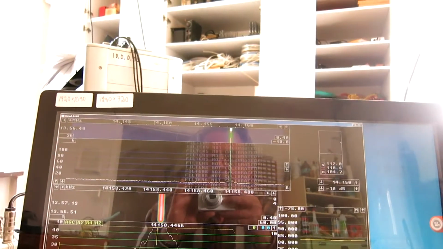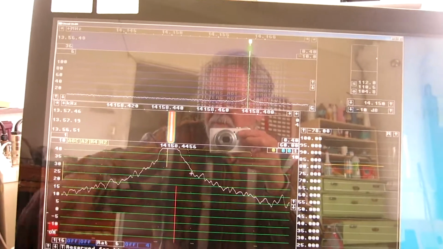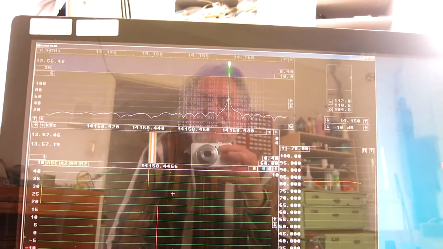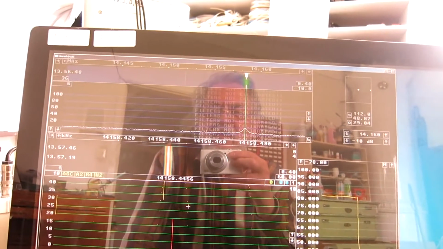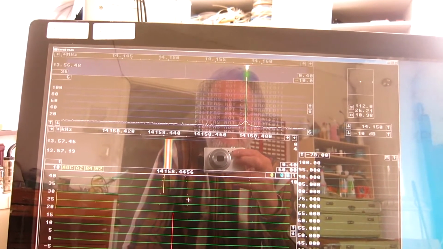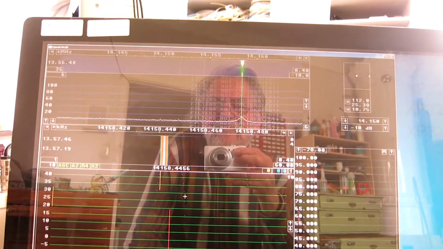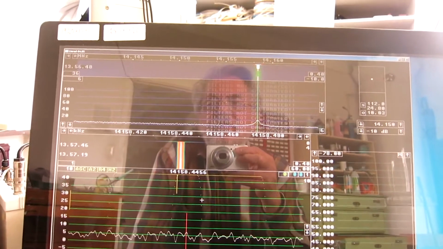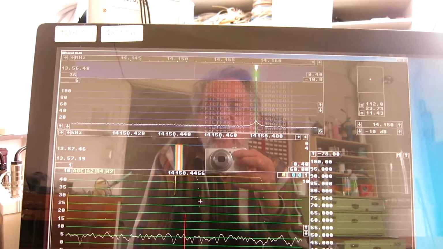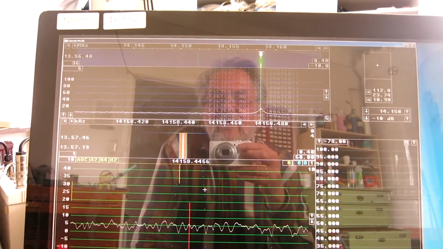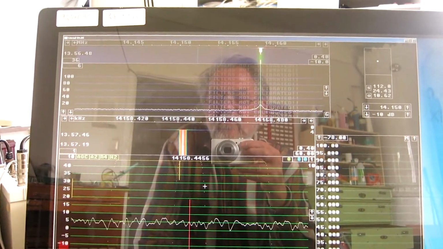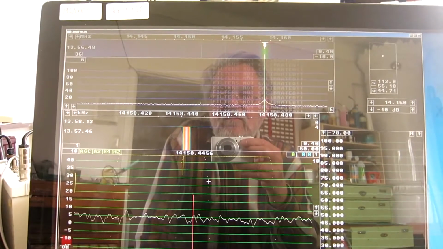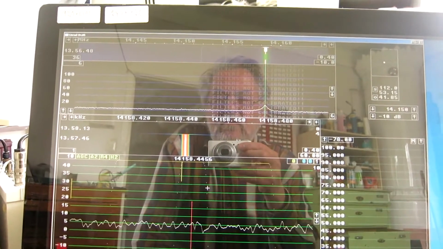And again, I disconnect feedback. There was a key click. And you can see that 10 Hertz away, the noise floor was 27 dB above the noise floor.